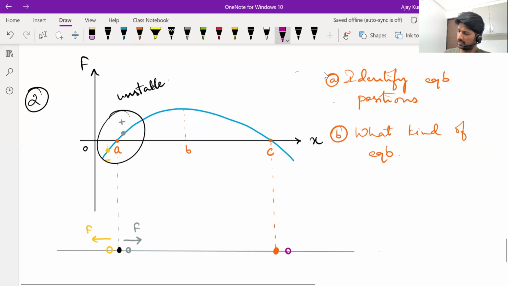And then if you take it to the left of C also, imagine what happens. Vanilla, your answer is correct only.